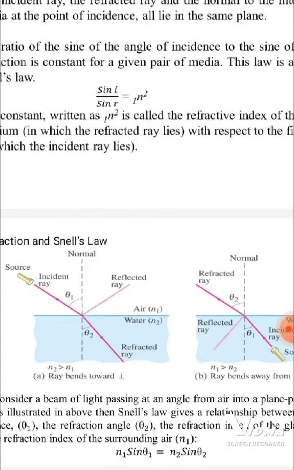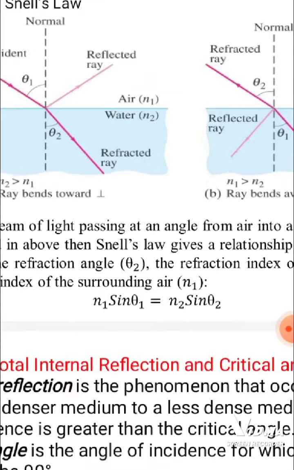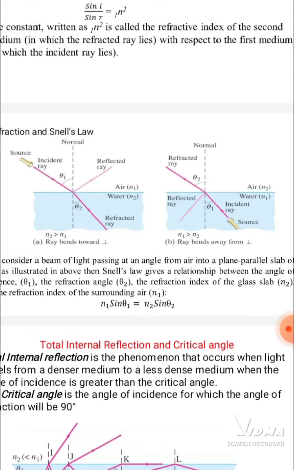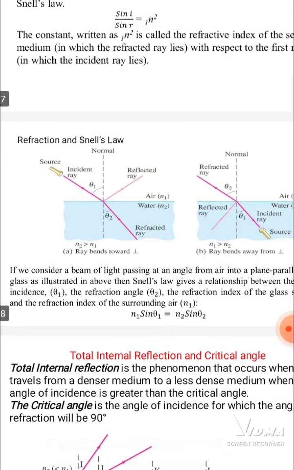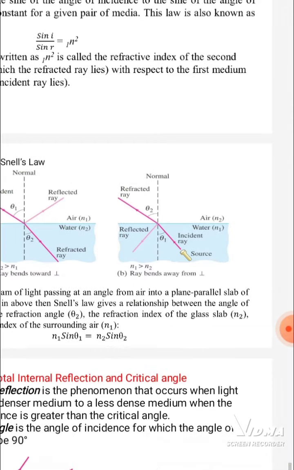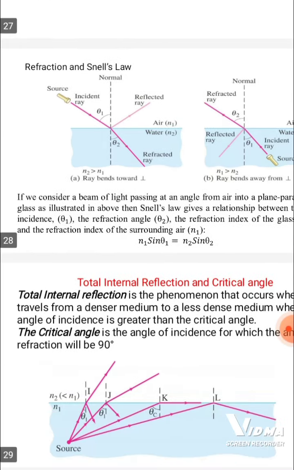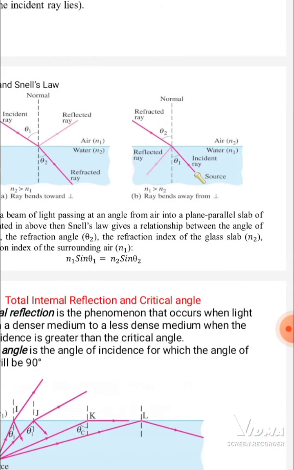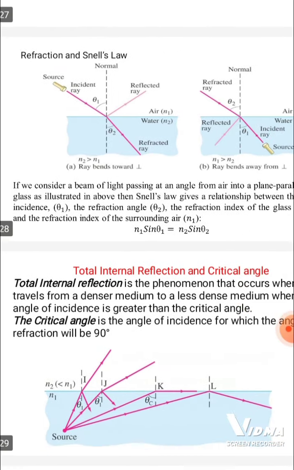Here, n1 is the refractive index of the surrounding air, and n2 is the refractive index of the glass slab. Theta 2 is the refraction angle, and theta 1 is the incidence angle. This expression is also important, so as we progress, we'll be talking about it.